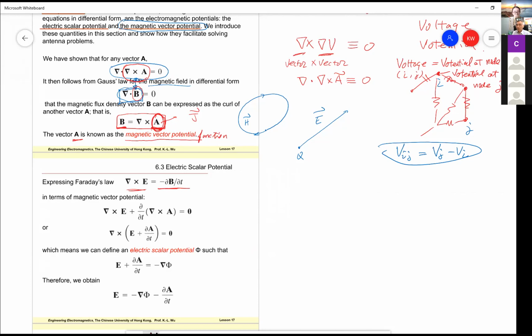The time varying B is not equal to 0, that means it changes with time. The time varying magnetic field generates an electrical field, so this is not equal to 0.